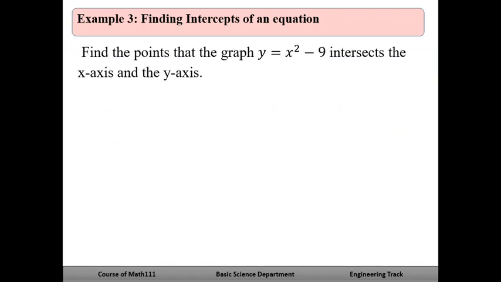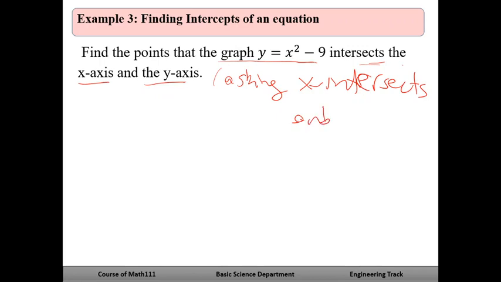Okay, let's look at this example. Find the points where the graph intersects the x-axis and the y-axis. You don't need to graph this one. It's basically asking for the x-intercepts and the y-intercept.